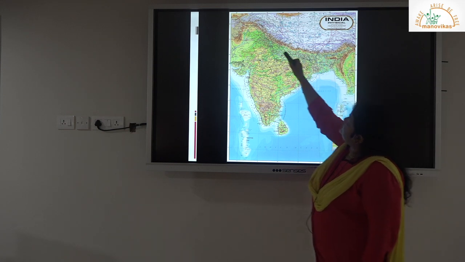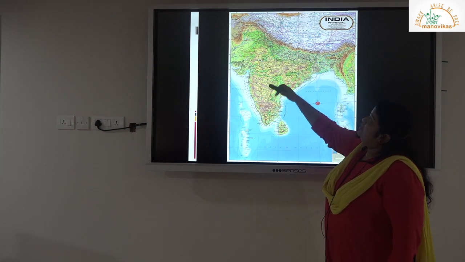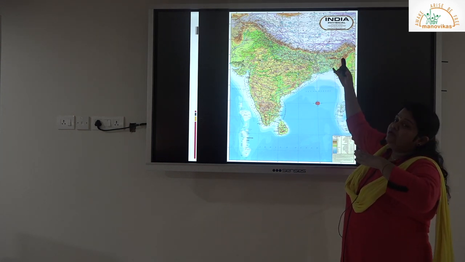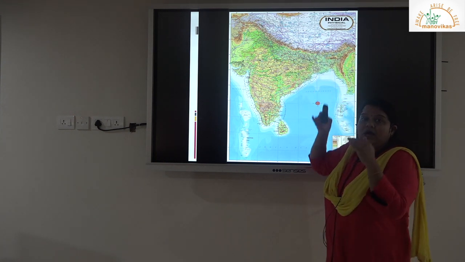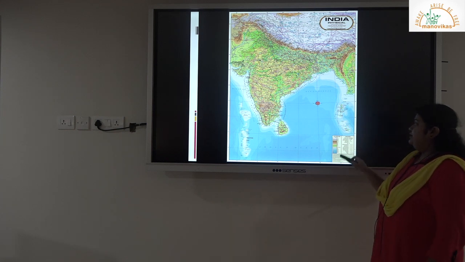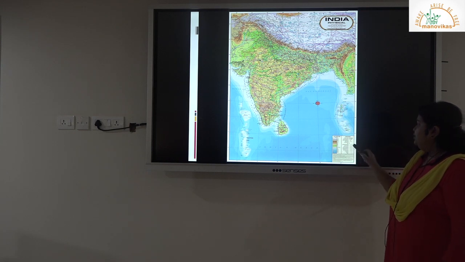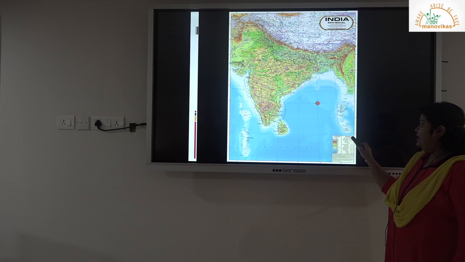Similarly, if you check these physical features here, shown by brown color and shades of brown, the darker brown color says that the altitude of the mountains is on the higher side. But as it reduces in shade, the height is automatically shown. All this is shown here in the legend. Then you have a small box here, a continuation of the legend. You have the capital city Delhi, which has a symbol. Then you have state capitals, which have a symbol. Then you have lines.